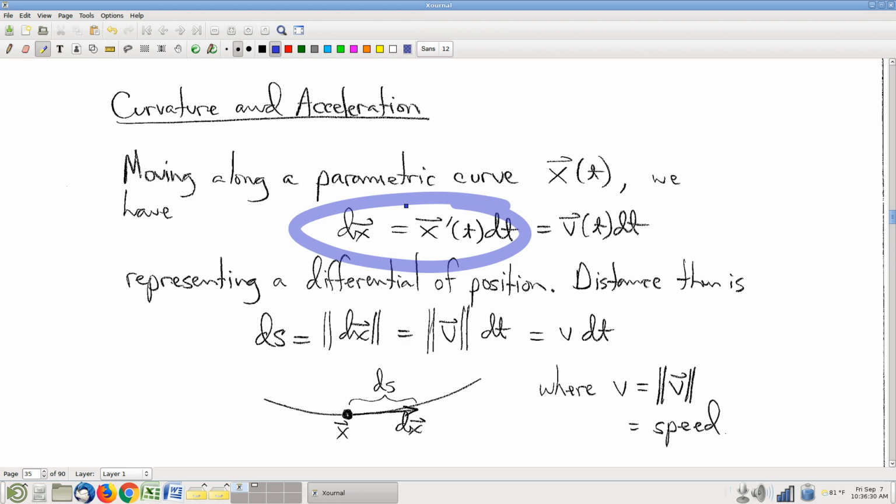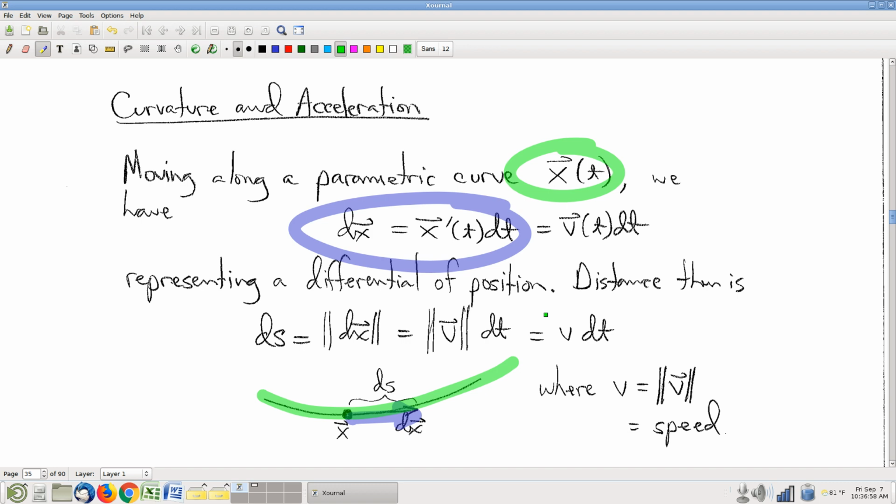And so here's the picture, there's your dx vector. And as the curve moves along, the parametric curve is like this. dx represents, it's not exactly the actual displacement in an amount of time dt, but it's your linear approximation based on the velocity that you were moving at that point.